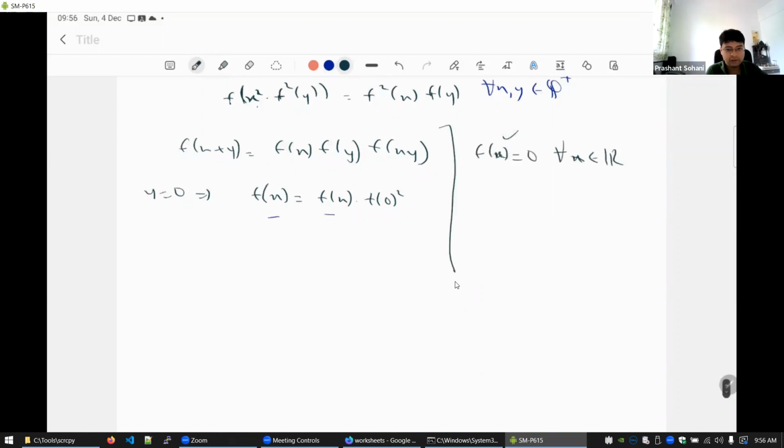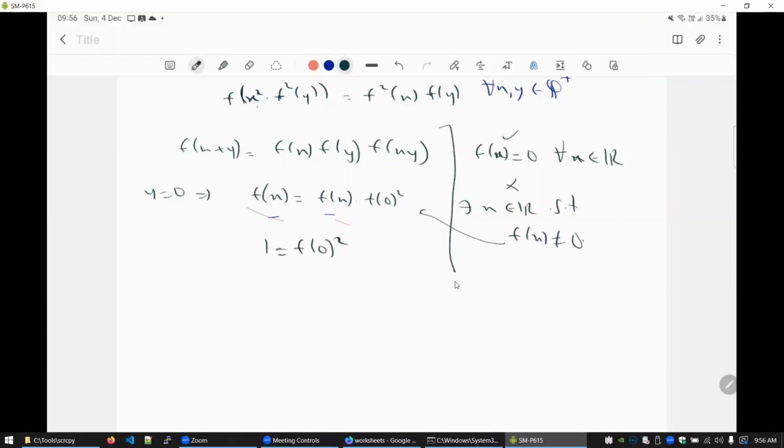So let us consider the other case: if this is not the function we are considering, then there exists some x such that f of x is non-zero, and if you use that value of x in this equation, that gives us the right to cancel f of x from both sides. Okay, and therefore f of 0 square is 1. This is a very small detail, but important to pay attention to.